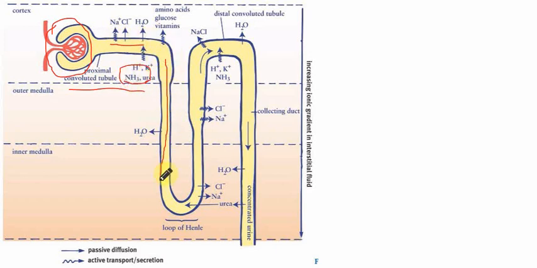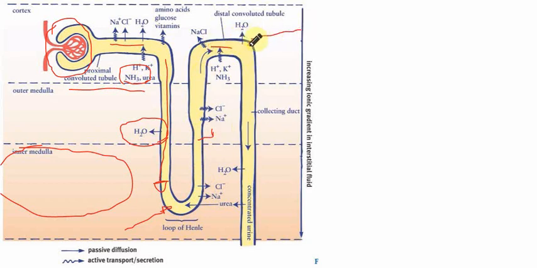We move on to the descending limb, which is permeable only to water. And notice that we're in the inner medulla, so we're in the medulla, and this is going to be the highest level of osmolarity. Then we move up, which is permeable to solutes. We go on to here, the distal convoluted tubule, where aldosterone will act. Then we have the collecting duct, where antidiuretic hormone would act.